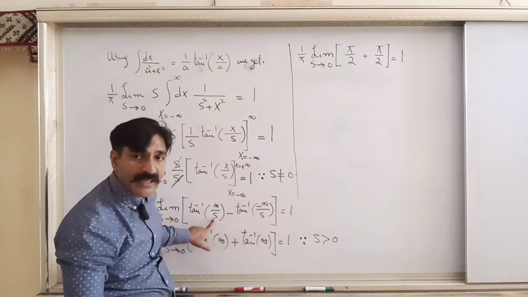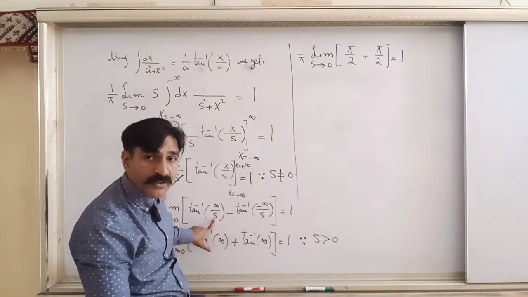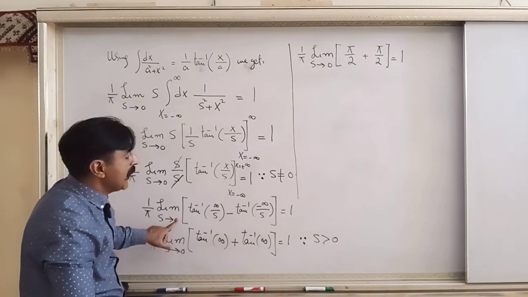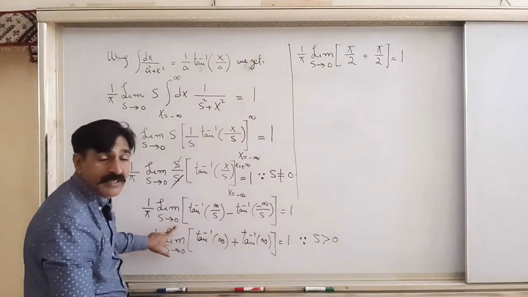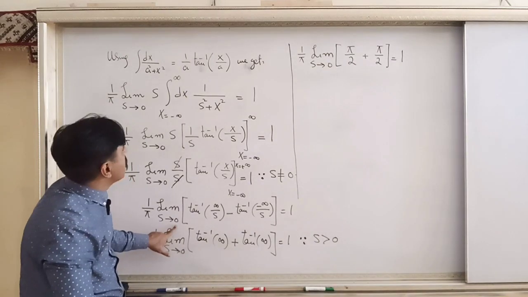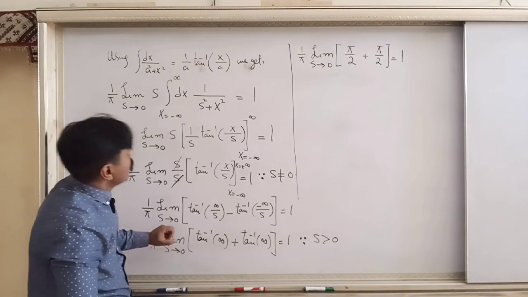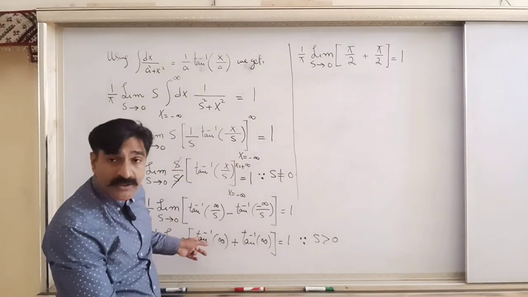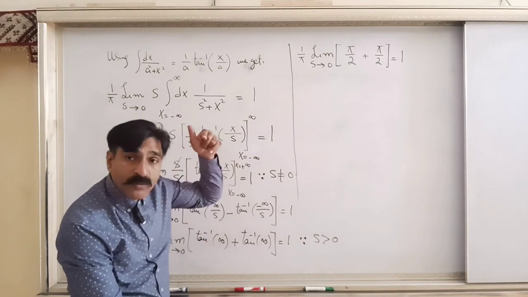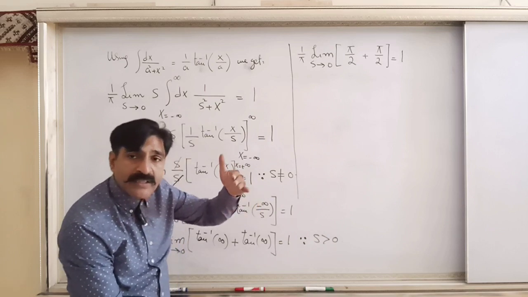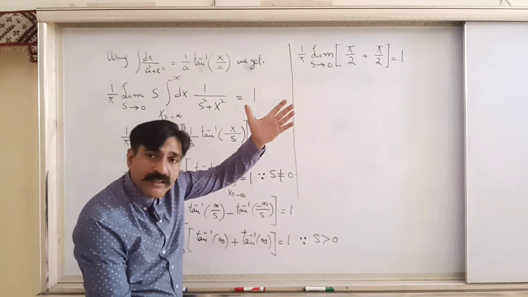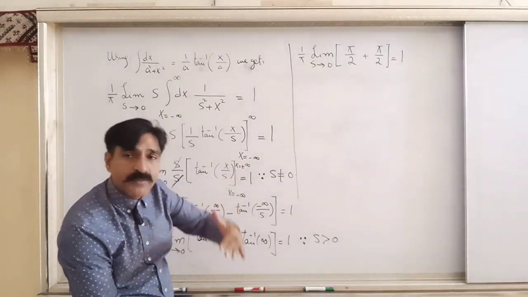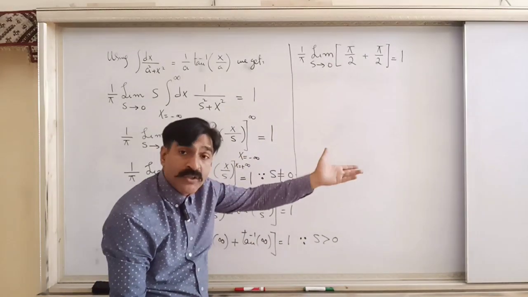If you are using the negative values of s, it will be your fault, because s is approaching 0, and this is a transformed variable, right? And in the transformed variable, the value of the variable from the original Laplace transform starts from 0 onward, and similarly the transformed variable s will also start from 0 onward towards positive infinity.